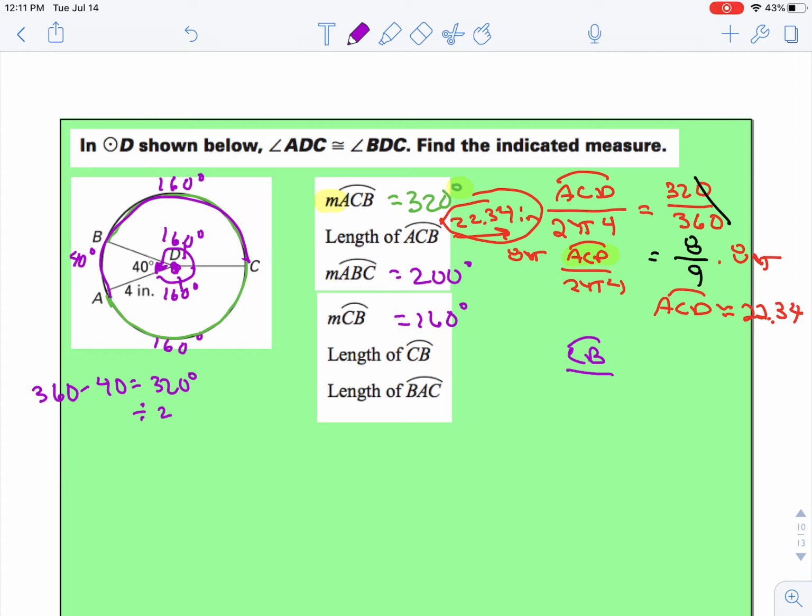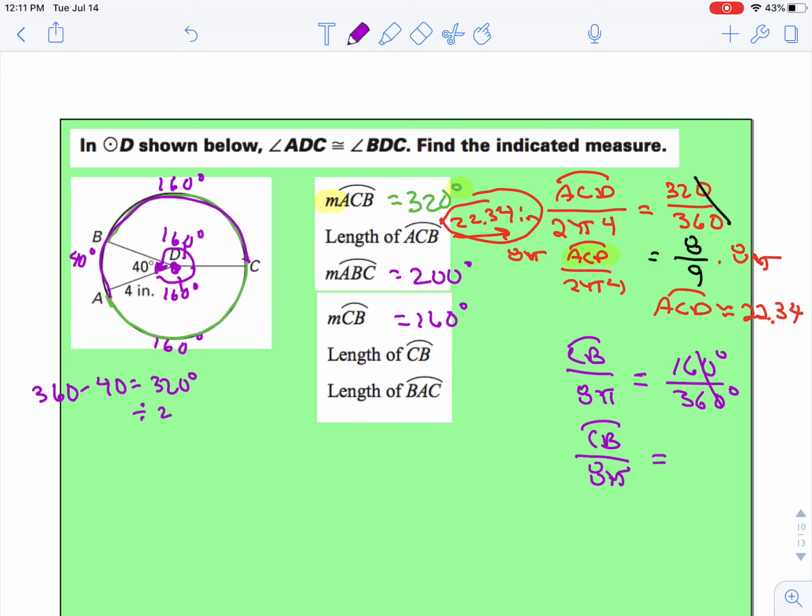So now they want us to find the length of arc CB. So again, CB compared to the whole circumference, which is 4 times 2 times pi or 8 pi, is going to be the same ratio as the degree measure compared to 360.